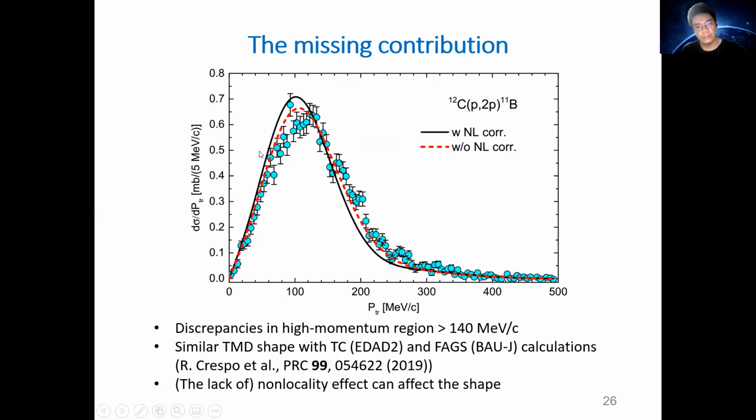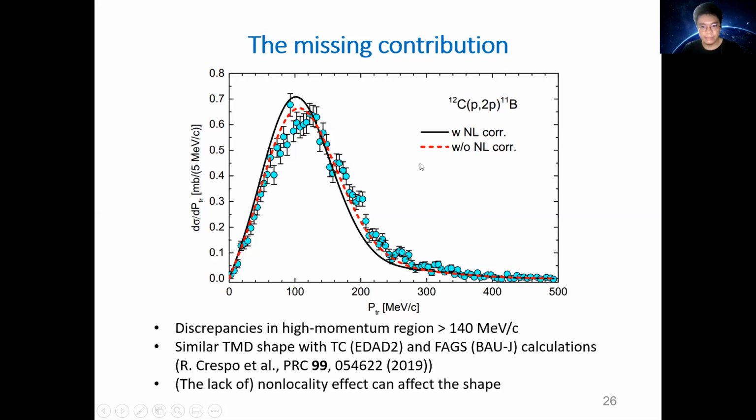this is the transverse momentum distribution measured at GSI, and the solid black line is our calculation. You can see that it does not agree; it underestimates the experimental data in the region above 140 MeV/c. Basically this shape is very similar to the one using TC and the one using Faddeev calculations.